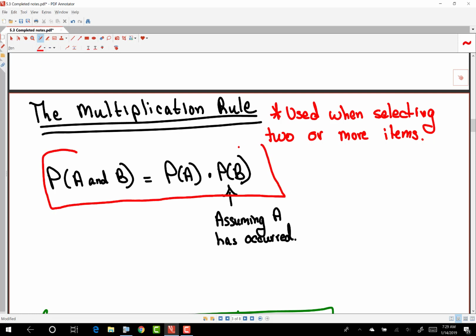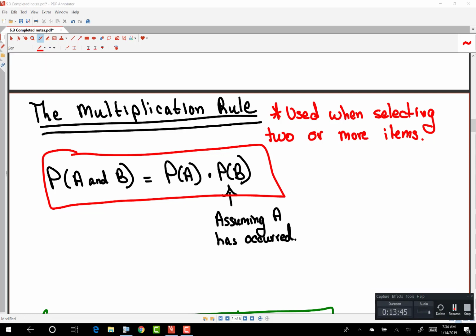So when you calculate these probabilities, when you calculate the second one, you always assume that the first one has happened. Now, if the events A and B are independent, then it's not going to matter that A has already occurred. And when we look at some examples, I'll show you where that comes into play.